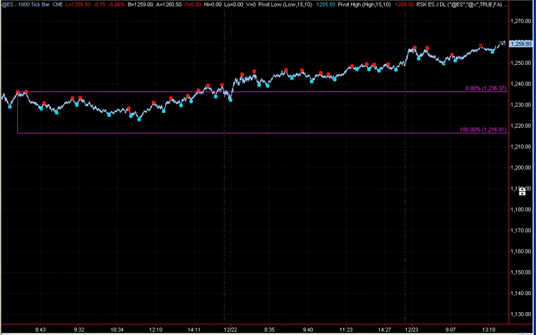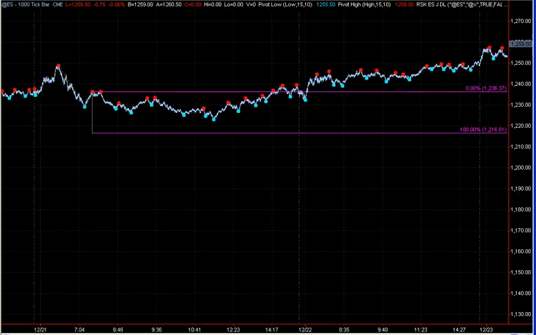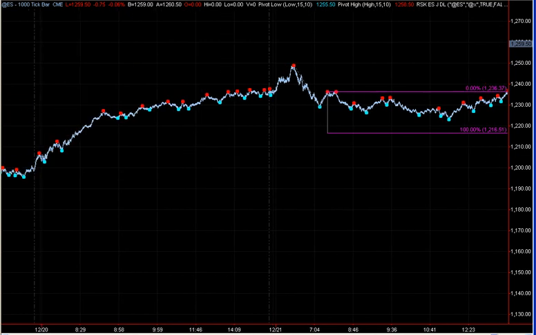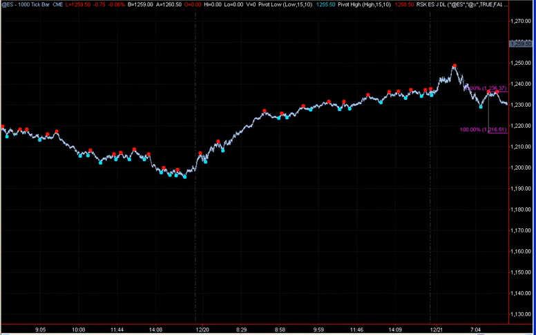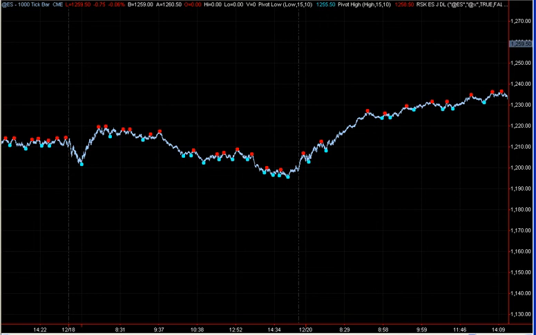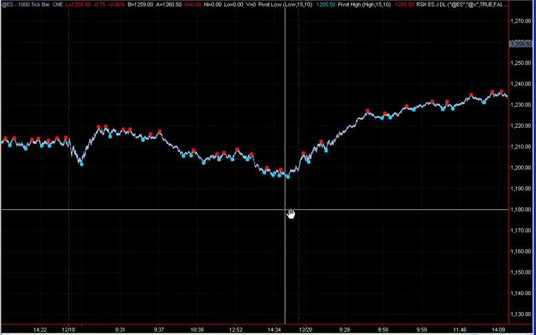In order to get a true picture of whether gaps exist, we have to go back to an existing low. The low that occurred on 12/18, right in here, pardon me, that's 12/19.